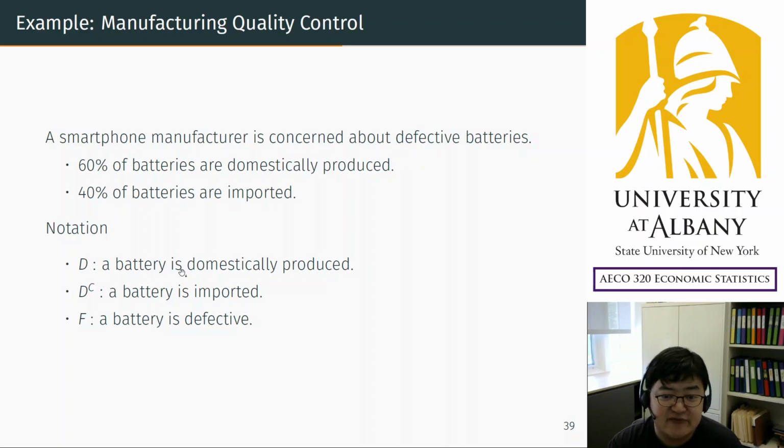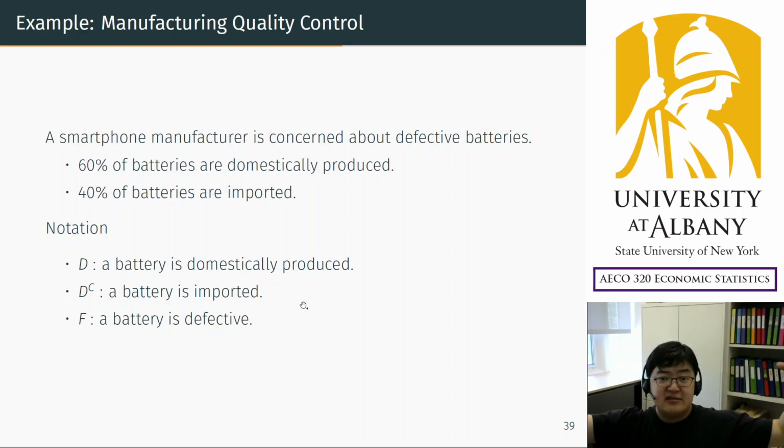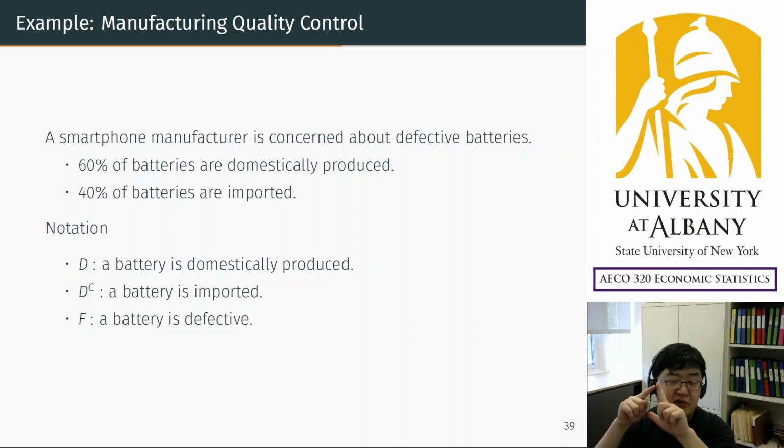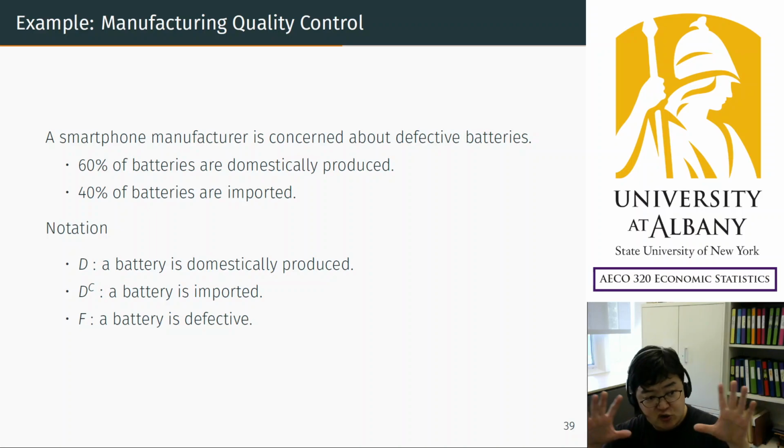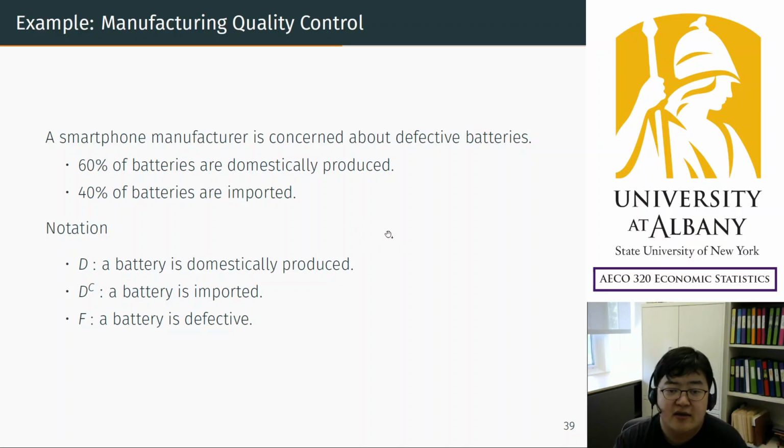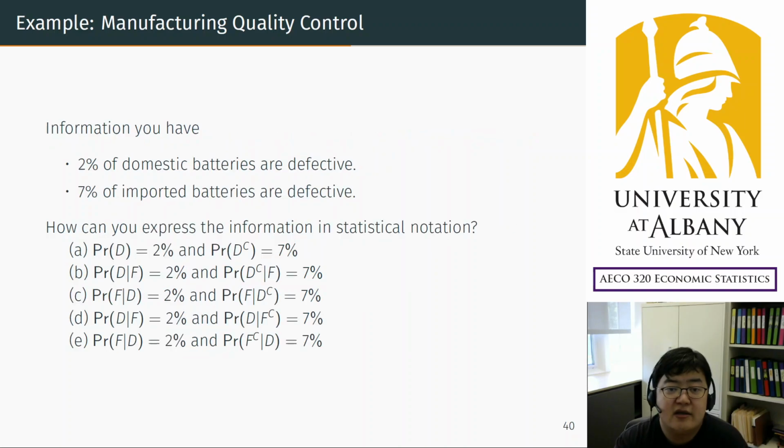Now, D is for domestic, and F is for defect. So, batteries you use for your production can be classified into four categories based on where they're from and whether they are defective or not. So it's a 2 by 2 case, right?